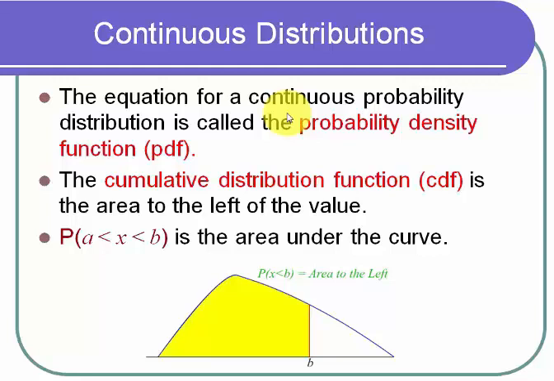So we're not talking about discrete random variables anymore, where we only had maybe 10 different possibilities, or only the whole numbers as possibilities. No, now the possibilities are all numbers on the number line, or all numbers between two fixed points.